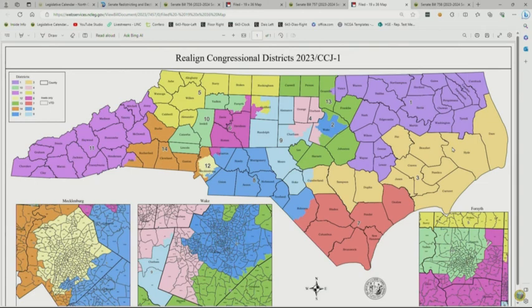Racial data was not used in the drafting of this map. There are just 18 total VTDs split in the map, and all the districts are compact. Member residence was considered. VTDs and municipal boundaries were considered when possible to form districts that do not split these existing political subdivisions.